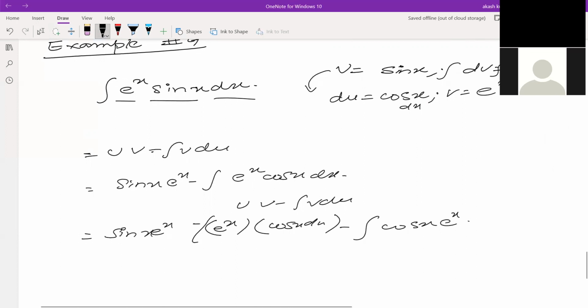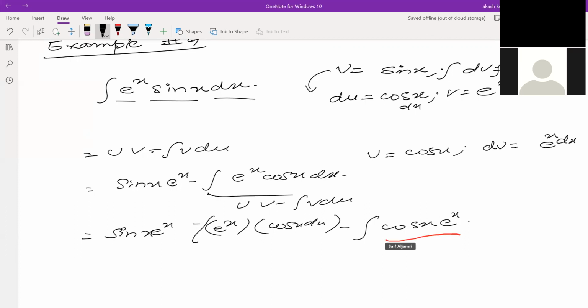Let's apply the integration here again. So u is cos x and dv is e^x dx. I think we have made a mistake here. So I'm going to apply the integration again here.